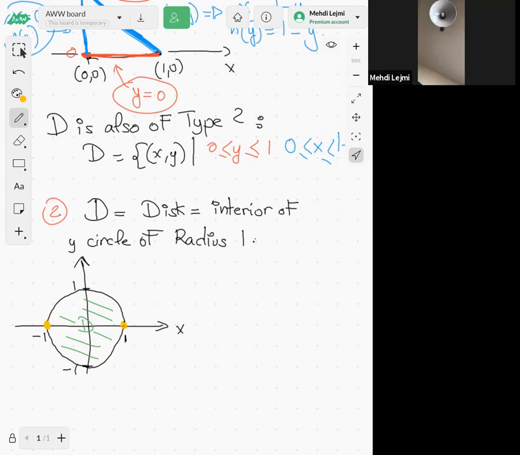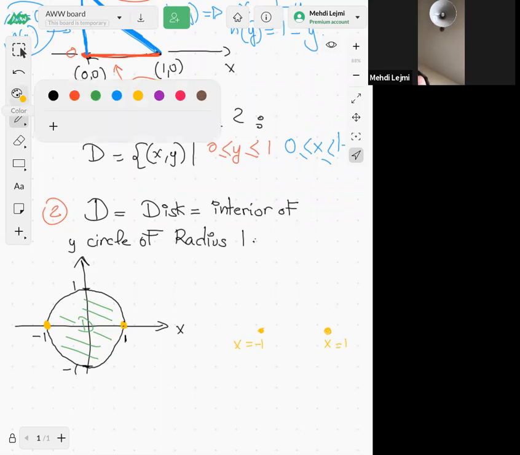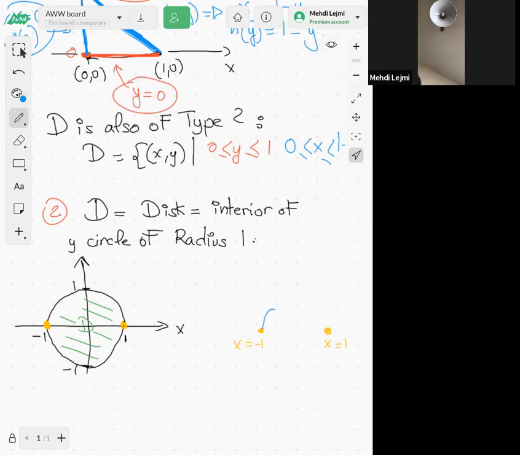So I have a point here and a point here, and I'm supposed to connect the 2 points using the graph of 2 functions. Here I have x equal to 1. Here I have x equal to -1. And then I'm supposed to connect these 2 points using the graph of 2 different functions. Here, let's say g of x, and in the top, I have h of x.